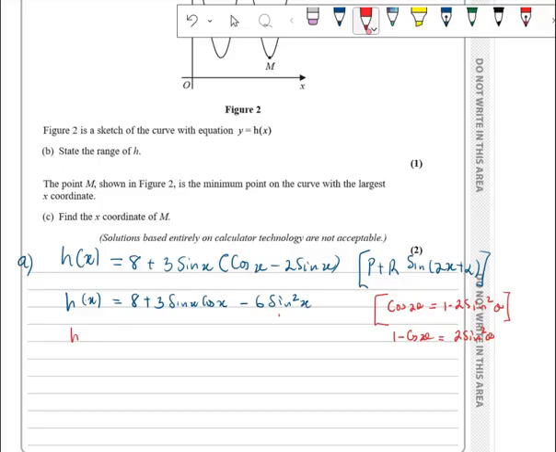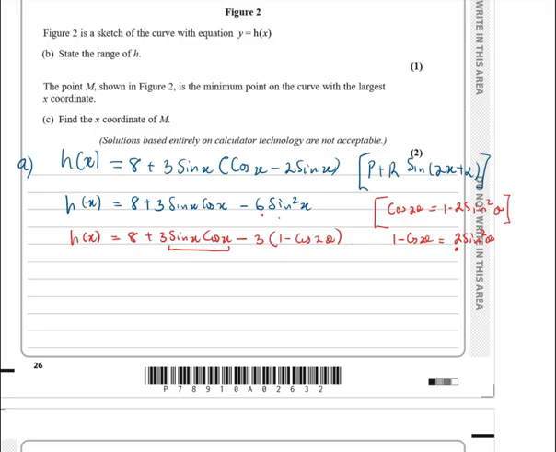So I'm going to replace it here. My h of x is going to be equal to 8 plus 3 sine of x cos of x, minus, because this is supposed to be 2 but we have 6 over here, it's going to be minus 3 into 1 minus cos of 2x. But also, this is sine of 2x, so I'm going to change it as well.